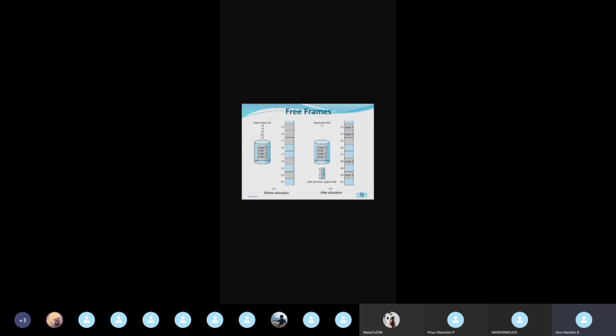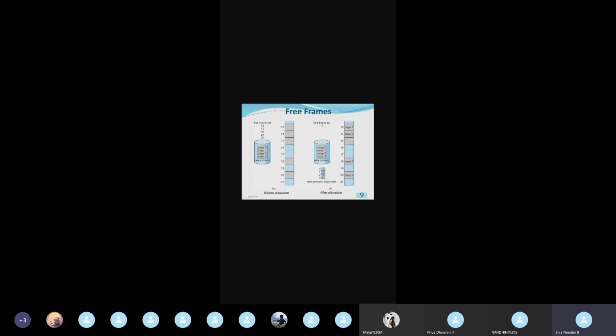So the free frame list will be available first to the process. After seeing that free frame list, we can accommodate one page to a particular frame. So for allocating a new process of 4 pages, we need at least 4 free frames in the physical memory.